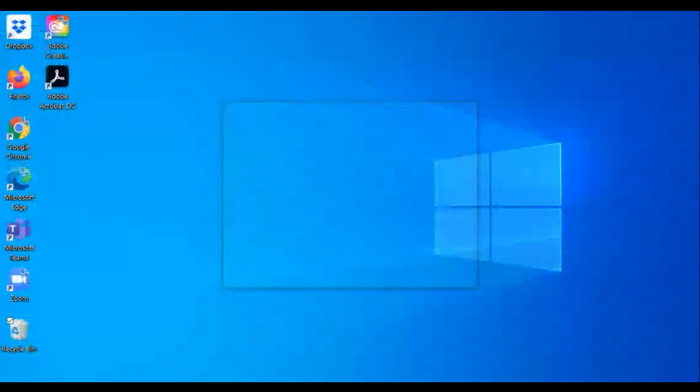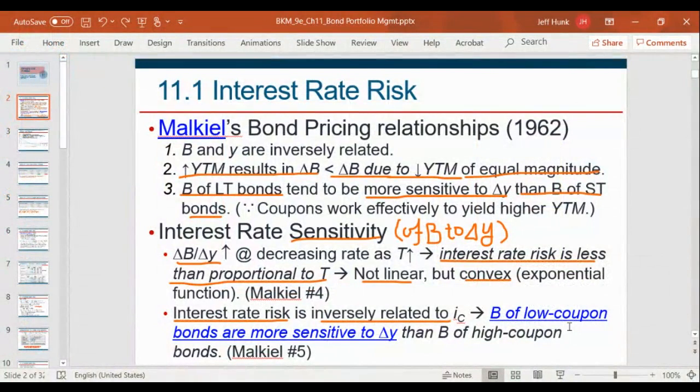Investments. So we're now moving on to a new topic today, and today's new topic is bond portfolio management. Now, we already talked about bond valuation previously, and before that we did stock, right?